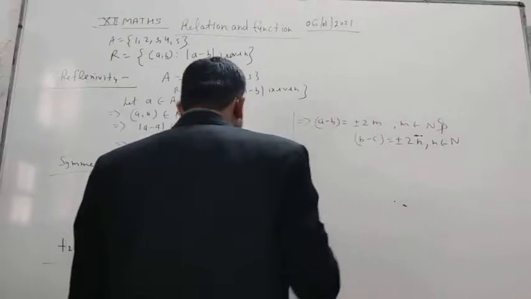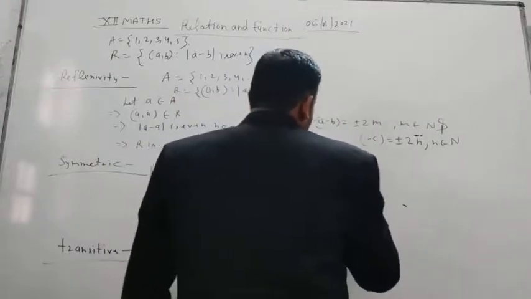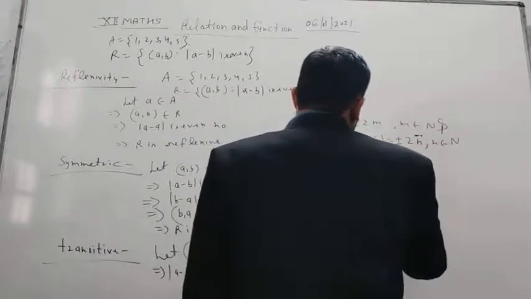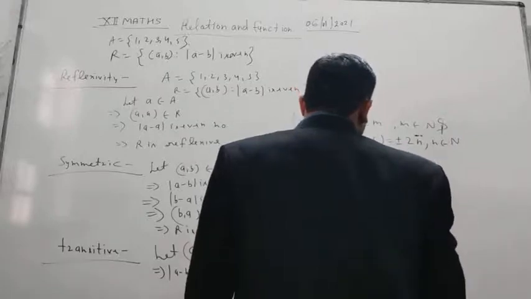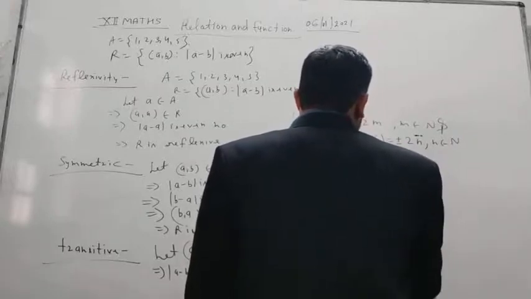So we can write that a - c is (a - b) + (b - c).